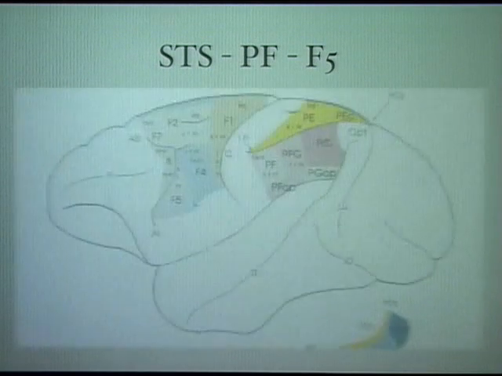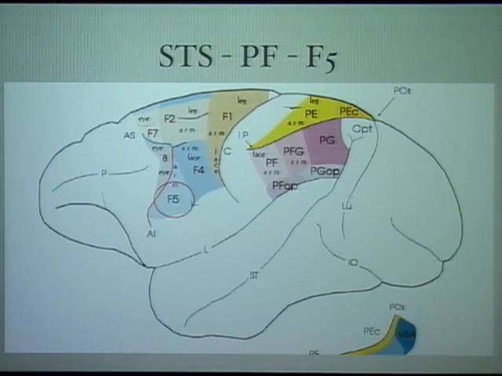Now, the original findings of these cells were recorded, as I told you, in area F5. When Rizzolatti and collaborators found these cells, they also knew that there was another lab in Europe, the lab of Dave Perrett, studying higher order visual cells in the superior temporal sulcus. The visual properties of the cells studied by Perrett were very similar to the visual properties of mirror neurons. So, of course, it made sense to think that the visual information was conveyed from STS to F5.